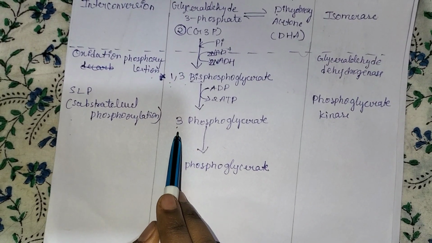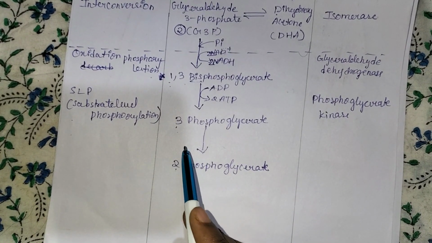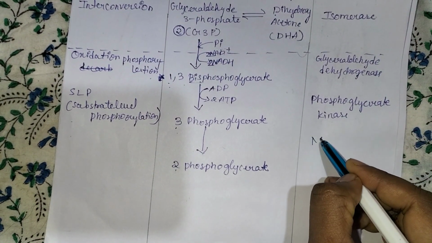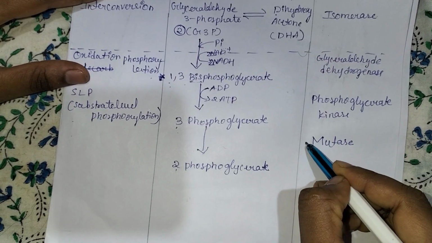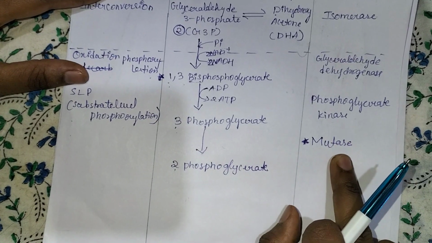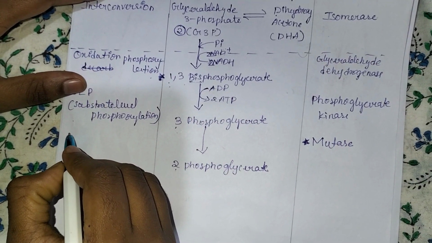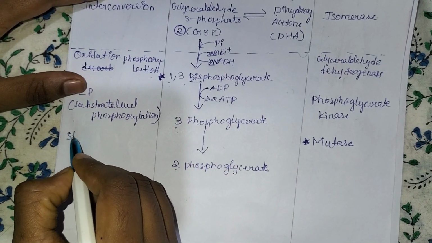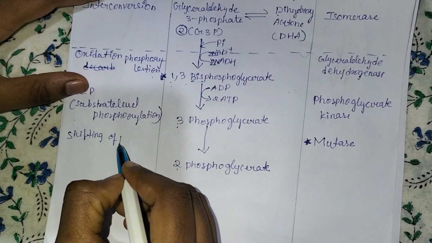There is a shifting of phosphate. Which enzyme does this shifting of phosphate? Important: it is done by mutase. So we call this shifting of phosphate.